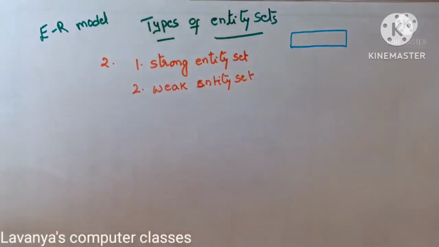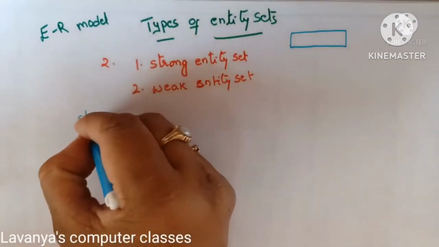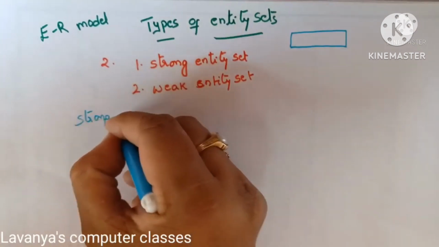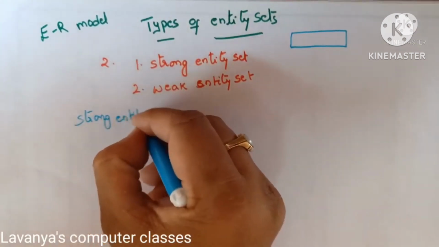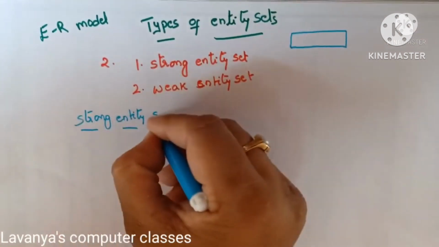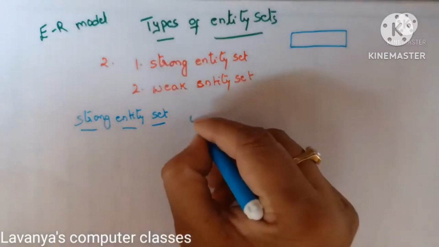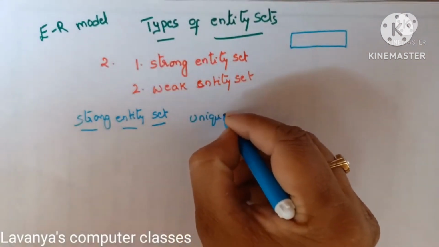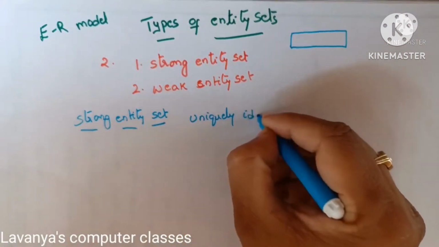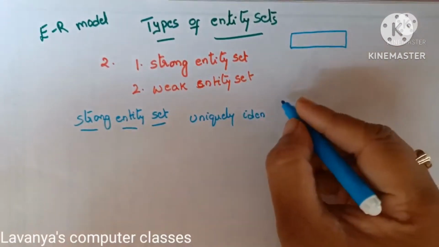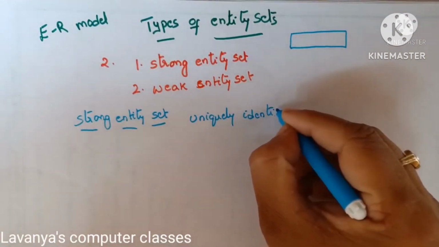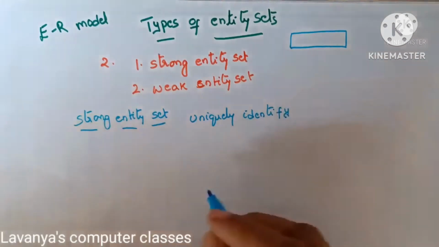Now let us see what a strong entity set is. It is in the name itself: strong entity set. How do you know it is a strong entity set? Any entity set that can be uniquely identified using some attribute, called the primary key, is known as a strong entity set.